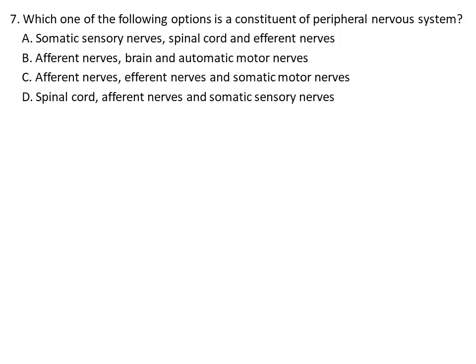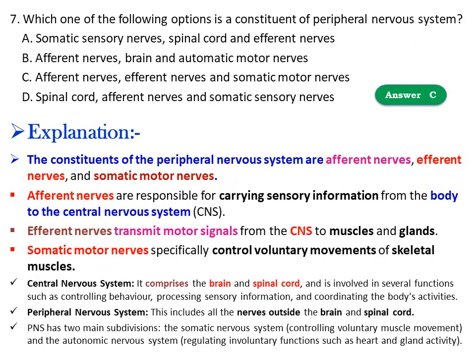Question number seven. Which of the following options consists of the peripheral nervous system? That should be C, afferent nerves and somatic motor nerves. In the explanation, the peripheral nervous system consists of afferent nerves and somatic motor nerves.